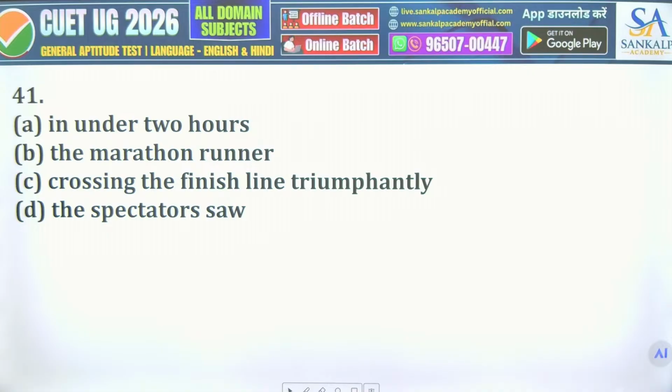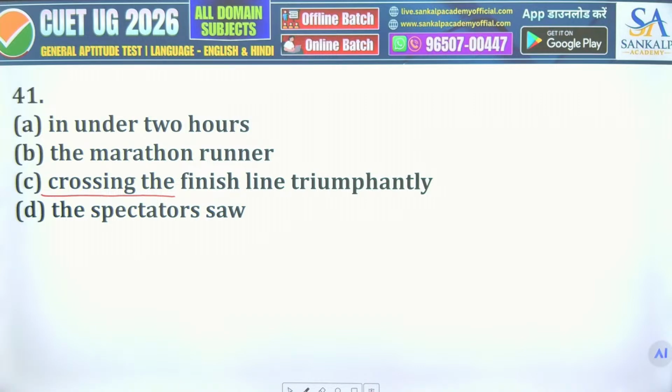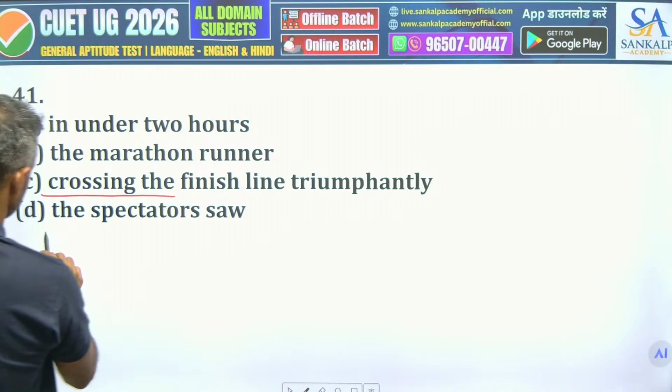In under 2 hours, the marathon runner crossing the finishing line triumphantly, the spectators saw. So here our ing clause, crossing the finish line. The marathon runner crossing the finish line triumphantly in under 2 hours. The spectators saw. So the spectators is kind of subject here.